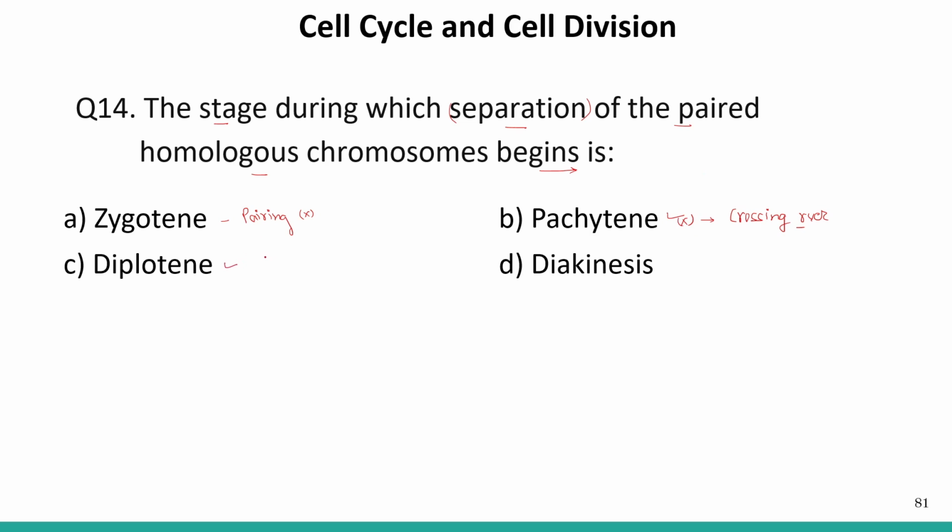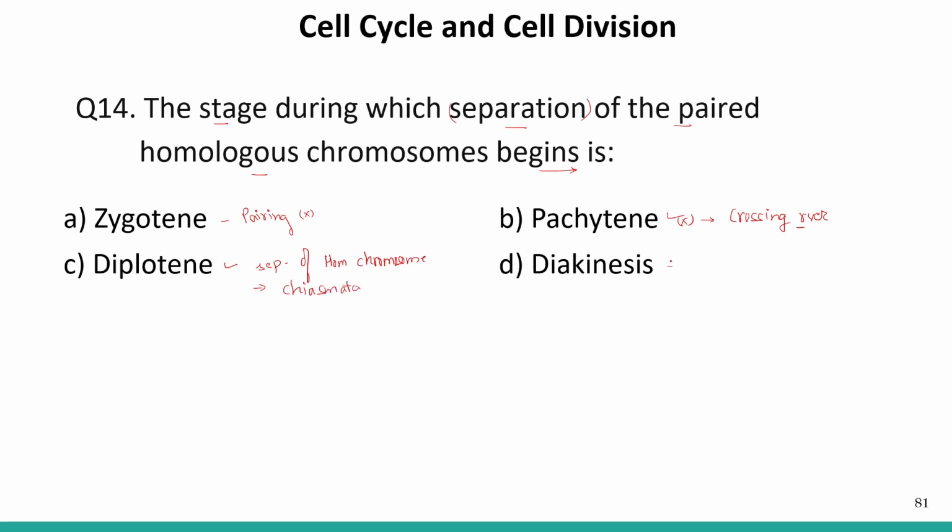Diplotene, what happens? There is chiasmata formation, and there is separation of the homologous chromosomes. And what happens here? You can see the formation of chiasma or chiasmata.